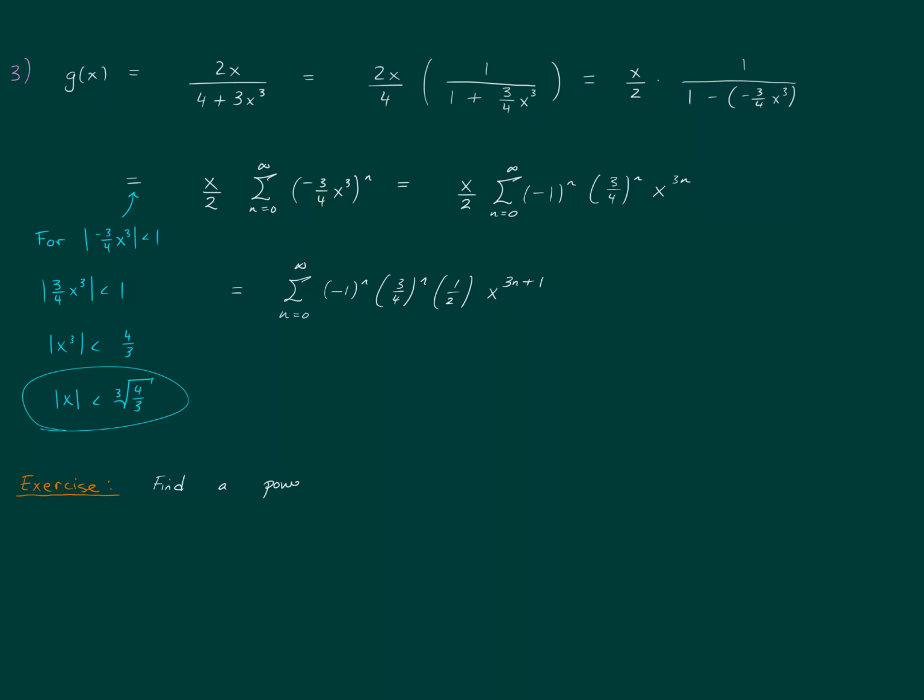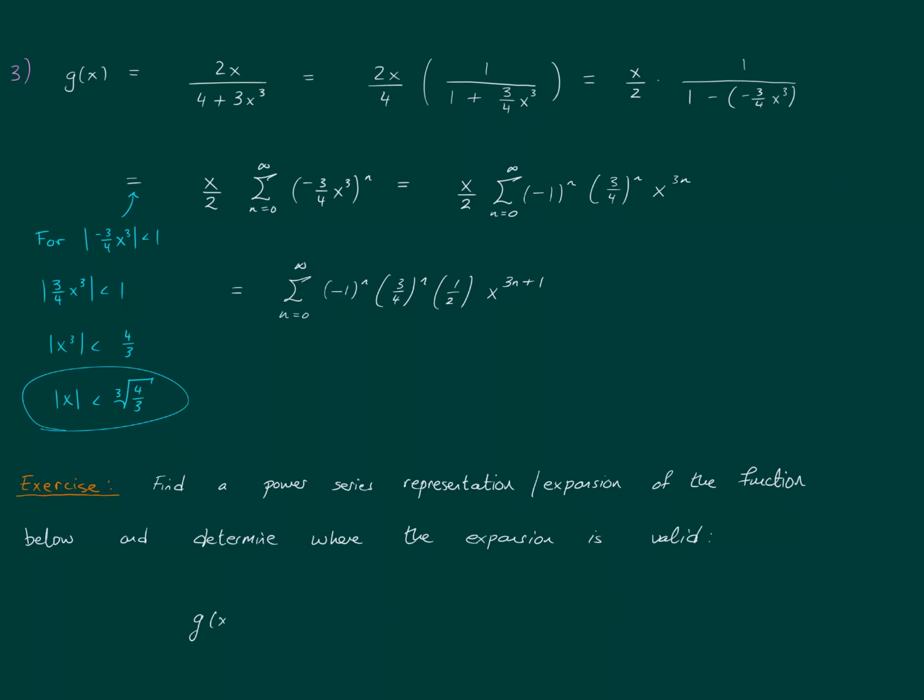Find a power series representation or expansion of the function below and determine where the expansion is valid. g of x is 2x squared over 3 minus x.